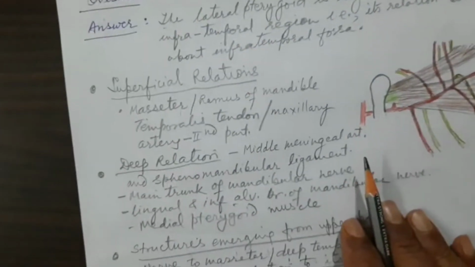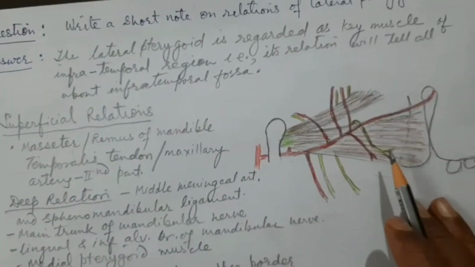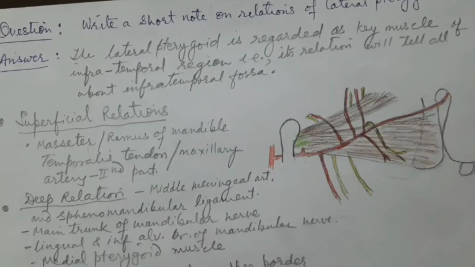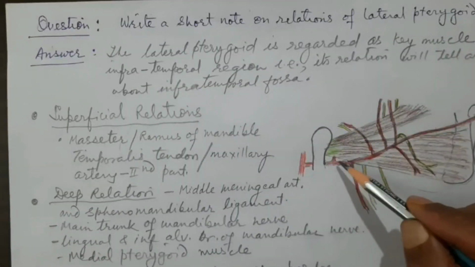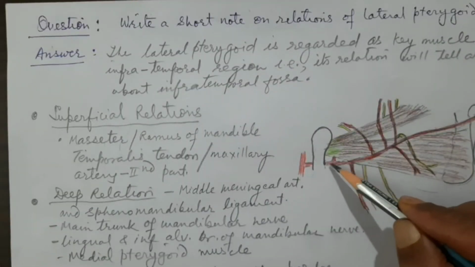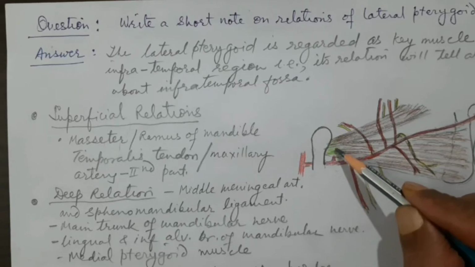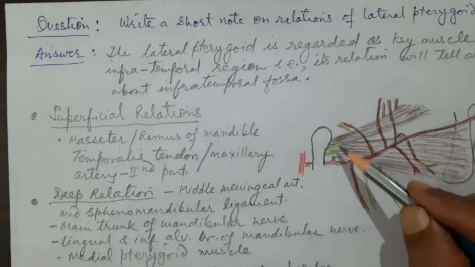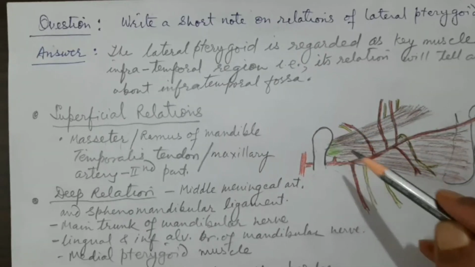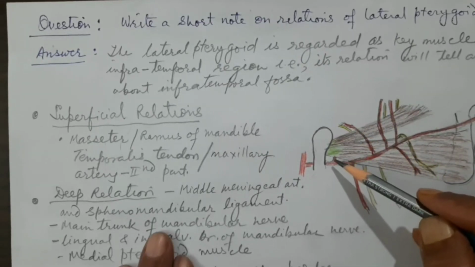Let us go on to see the deep relations. The deep relation of this muscle is the middle meningeal artery. You can see here, this is the middle meningeal artery, which takes origin from the first part of the maxillary artery, and the middle meningeal artery runs deep to the lateral pterygoid. So it lies deep.